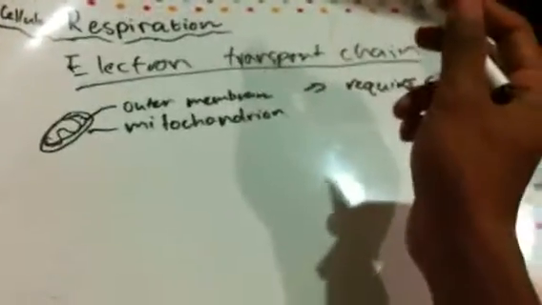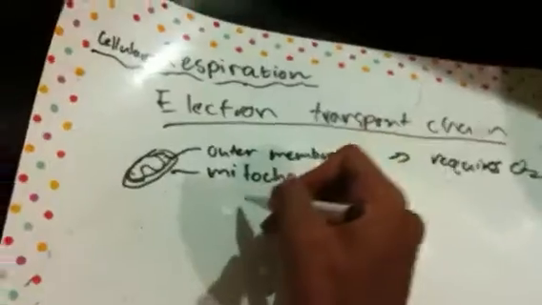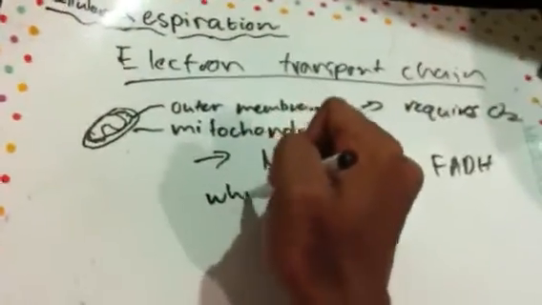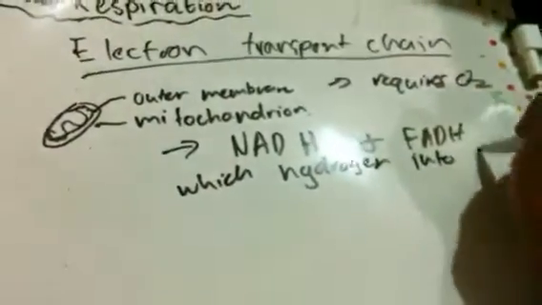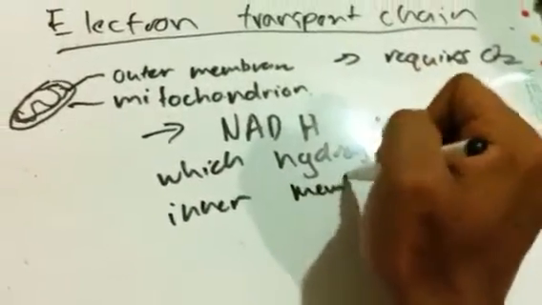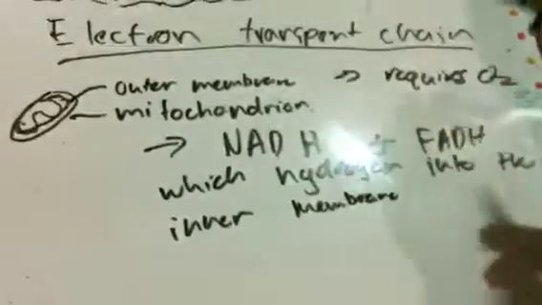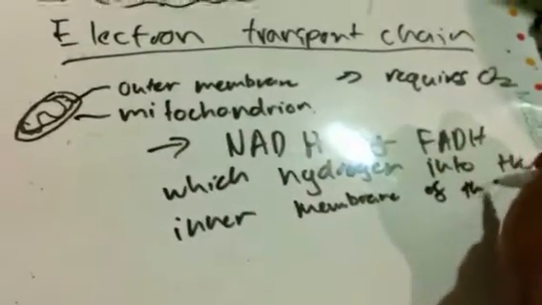So what's happened is, we have carrier molecules, which I touched on earlier, NADH and FADH, which carry hydrogen into the inner membrane of the mitochondrion.